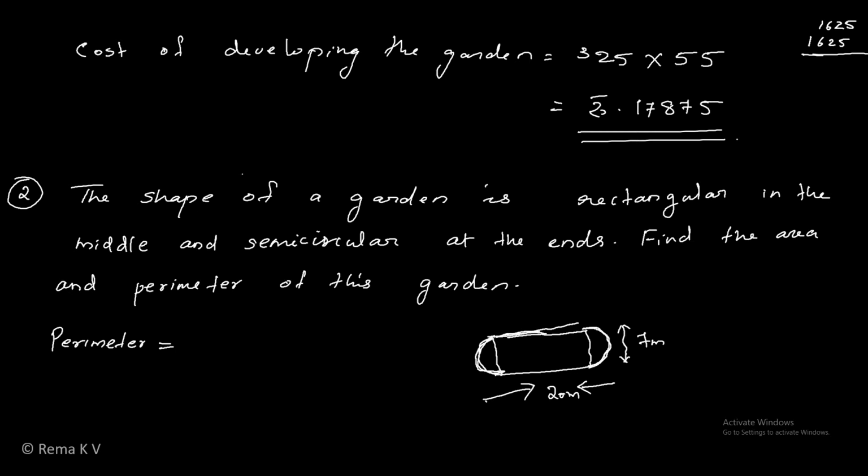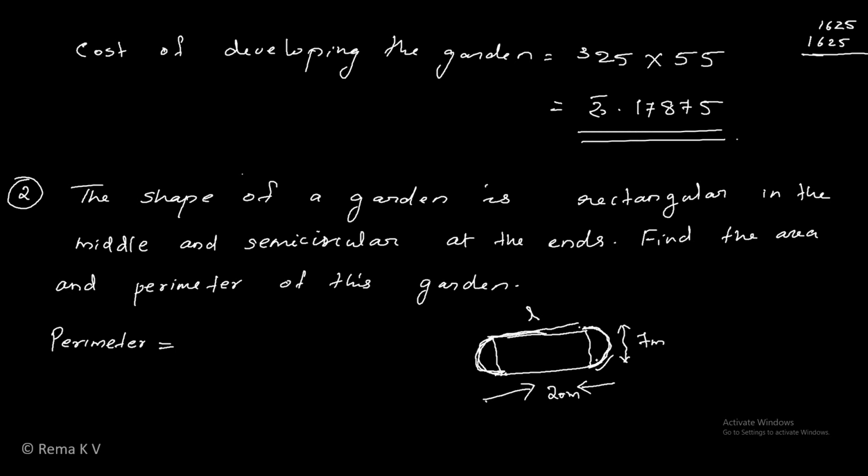Here this is the length of the rectangle, and here this part is the length of the semicircle. Here again the length of the rectangle, and this part is the length of the semicircle. So we have to find the total of all this. Let us write this length as L.